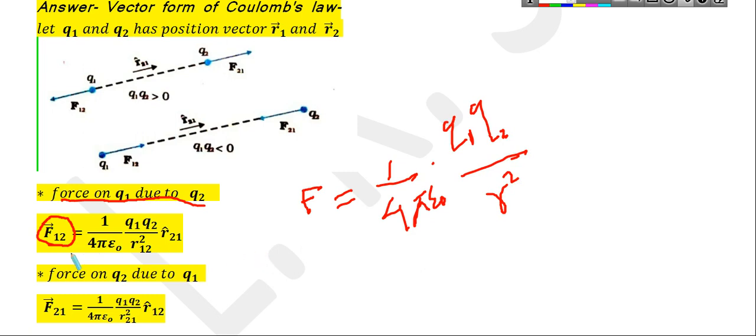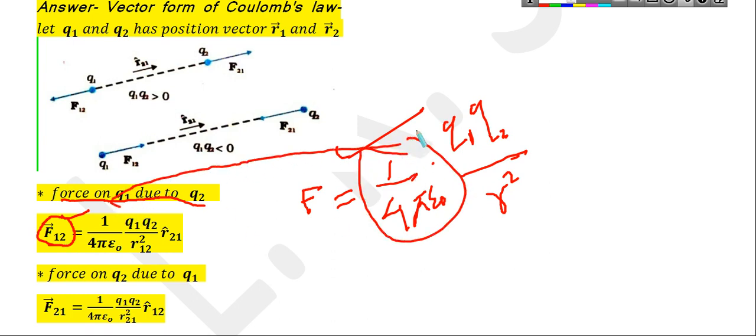This formula is converted into vector form. This is the scalar form of the formula and this is the vector form. F12 means force on Q1 due to Q2. This constant goes the same here, Q1 Q2 goes the same here, and an extra unit vector is inserted in it which gives the direction. This is r cap 21, a displacement vector.